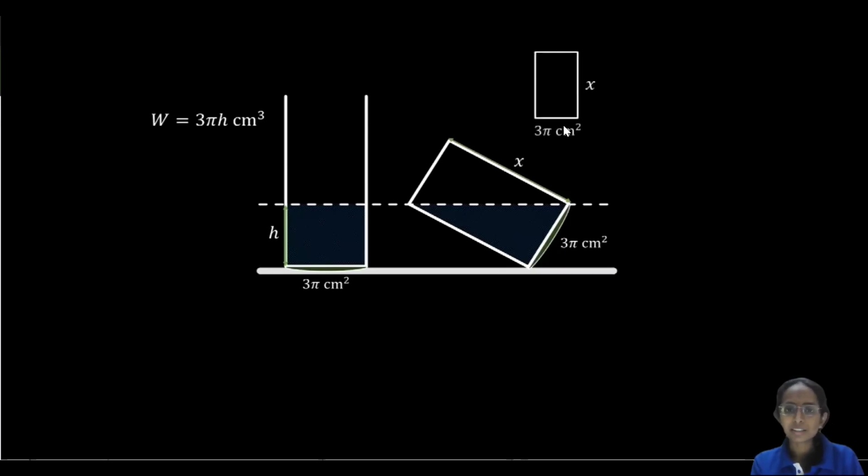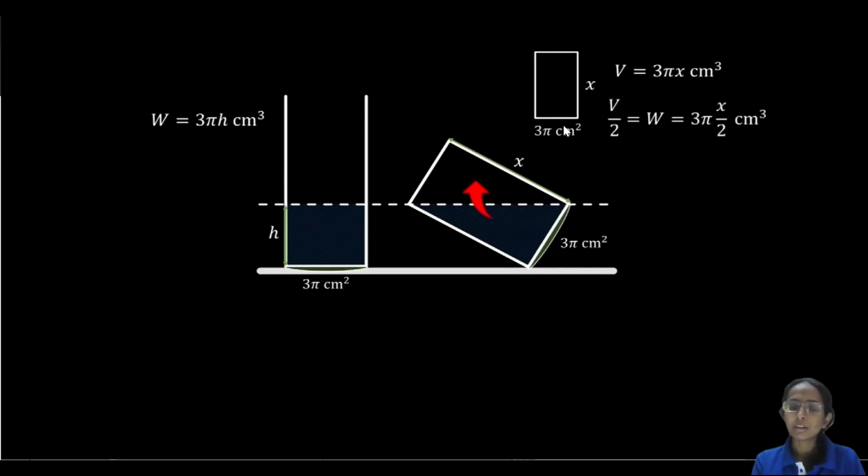Now we know that this volume is half. Let us take the cylinder's height as x. The volume of the cylinder will be 3 pi into x, base area into height. The volume of the water is just half the volume of the cylinder, that means the volume of water is 3 pi x by 2 centimeter cube.